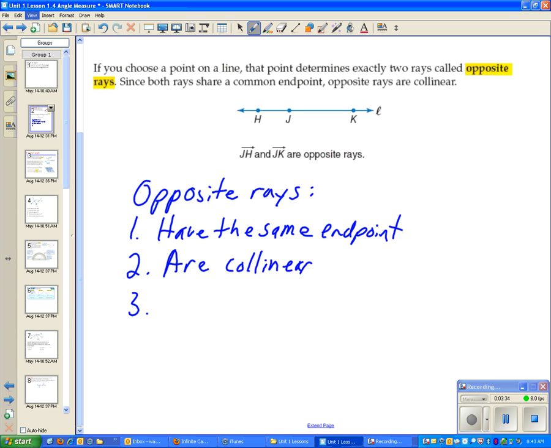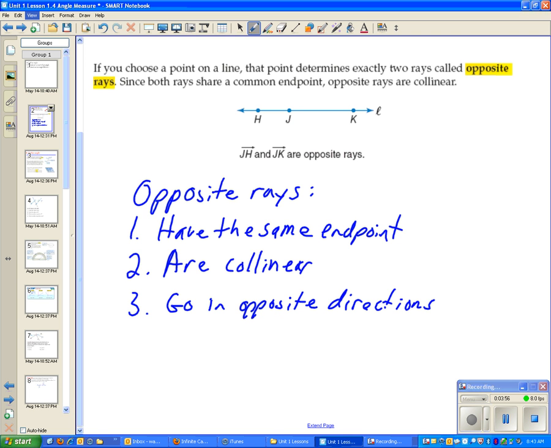And three, where the name actually comes from, they go in opposite directions. And all three things have to happen.